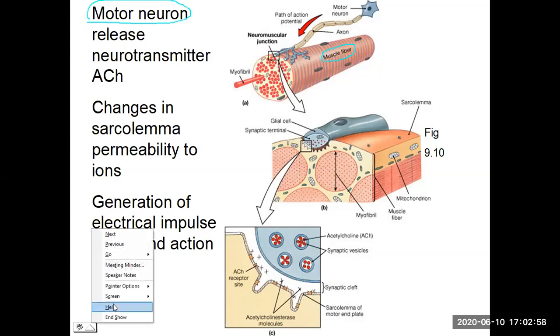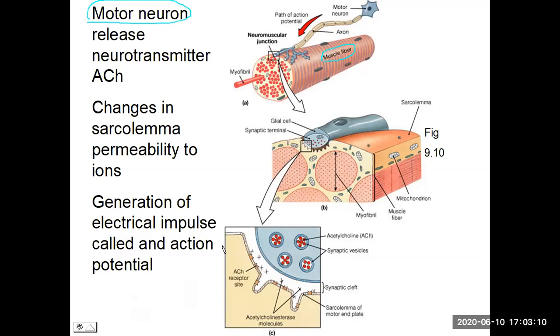This is a cell of the nervous system that's signaling from the brain or spinal cord, sending this signal down to the skeletal muscle, ultimately to stimulate contraction. So in this first step here, we're looking right in this area known as the neuromuscular junction. It's where the nerve cell and the muscle cell communicate with one another.